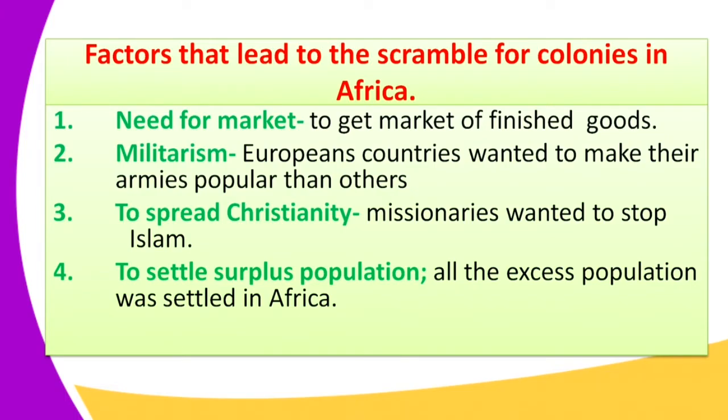These factories needed raw materials, and they needed a market, people who could buy the final products that they had manufactured. The only place to get this market was Africa, and this is the main reason why they came to scramble for the colonies.